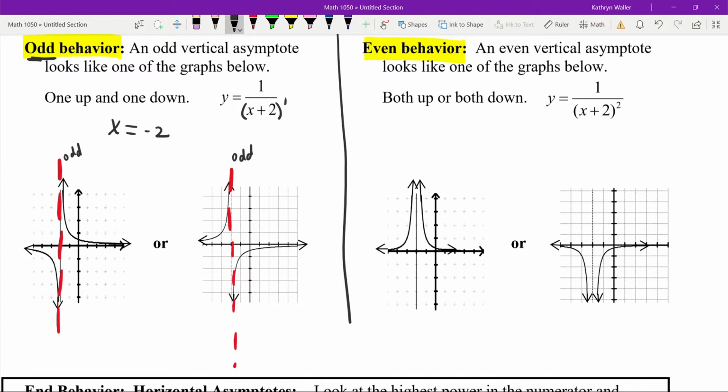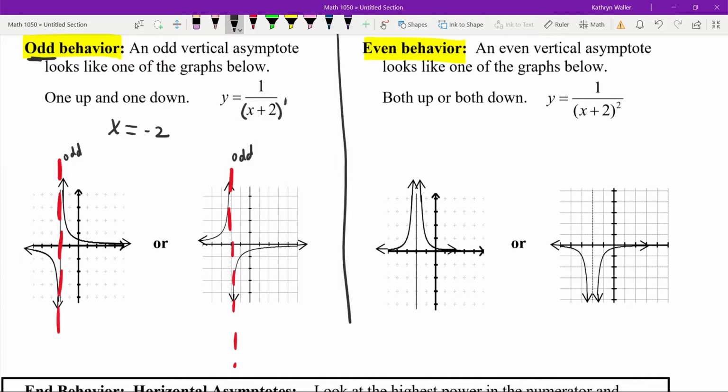Okay, everybody watch right here. My body is the vertical asymptote. My hands are the graph. So if I have a vertical asymptote, I'm going to have a graph over here and a graph over here. Two pieces to my graph.